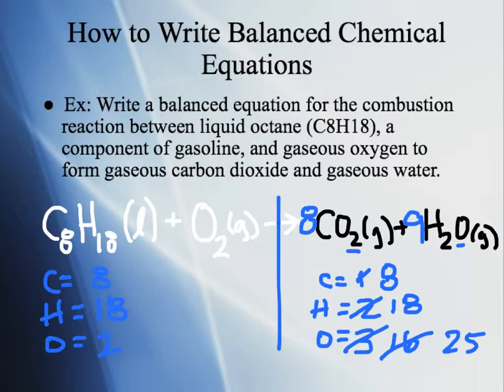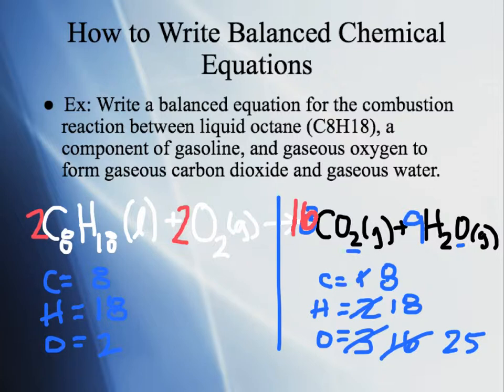So let's double our coefficients. Put a 2 right there, a 2 here, and 8 times 2 is 16, so let's put a 16 there.